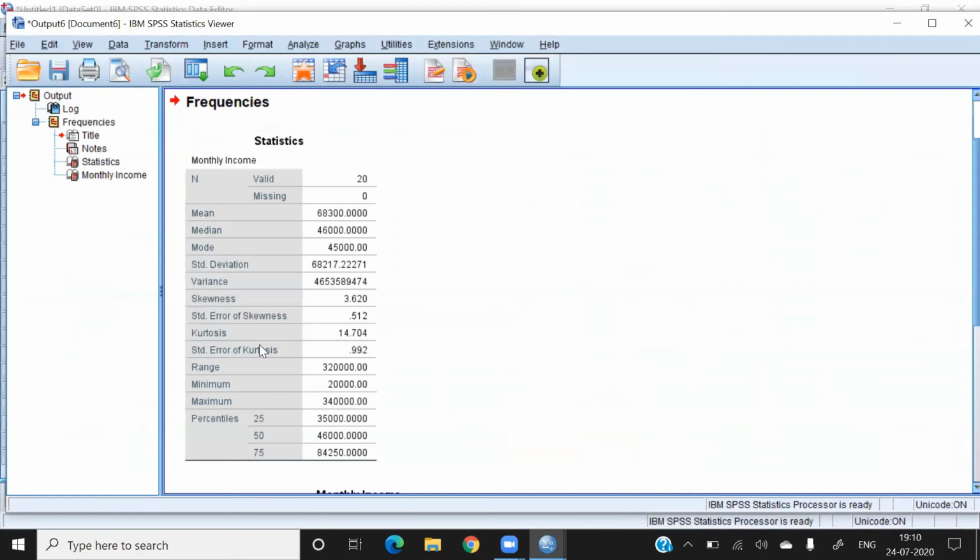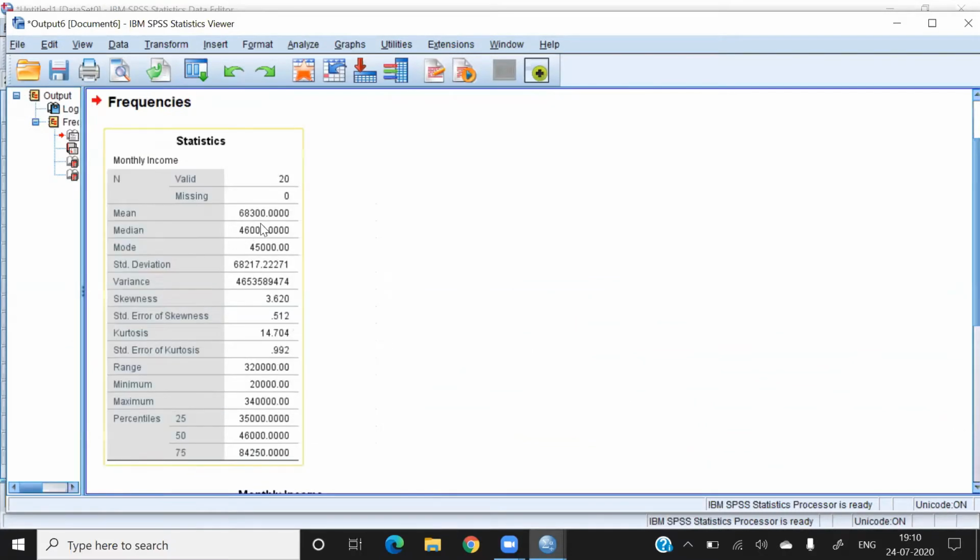Click on OK. So all the analysis comes here. The average income is 68,300. The median is 46,000. Median is the value which comes in the middle. The middle value is called median. Mode is the value which has the highest frequency. Standard deviation is the average deviation from the mean, which is 68,217.